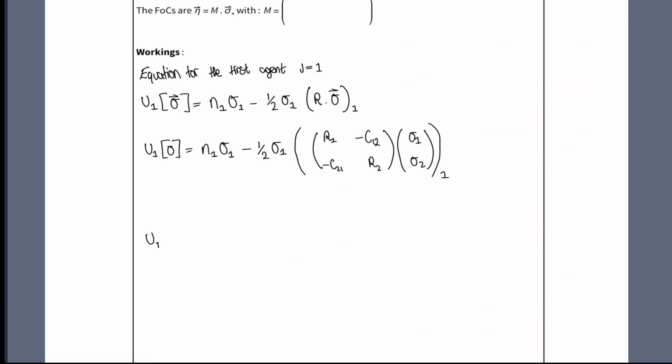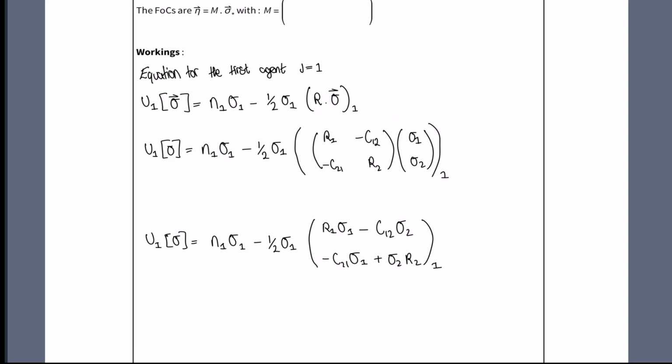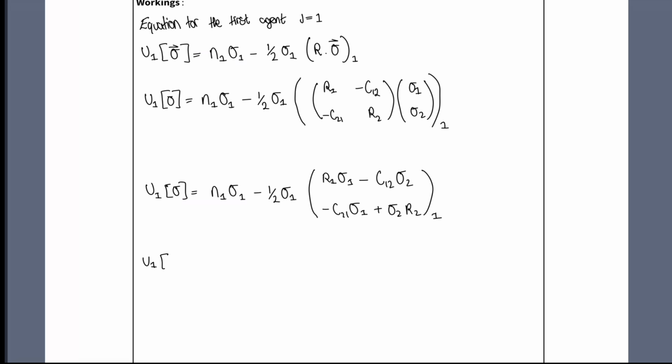We now multiply the matrices. We get R1 sigma 1 minus C12 sigma 2, and then minus C21 sigma 1 plus sigma 2 R2, and then the subscript 1. What this 1 outside the bracket means is that we just want this first entry, this first row, for the equation of the first agent.